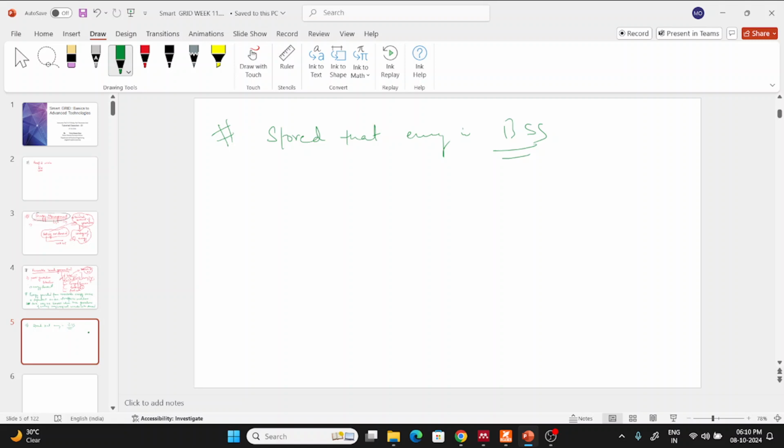So you have to manage the generation so that the generated energy is not wasted. Therefore, energy management is very important.